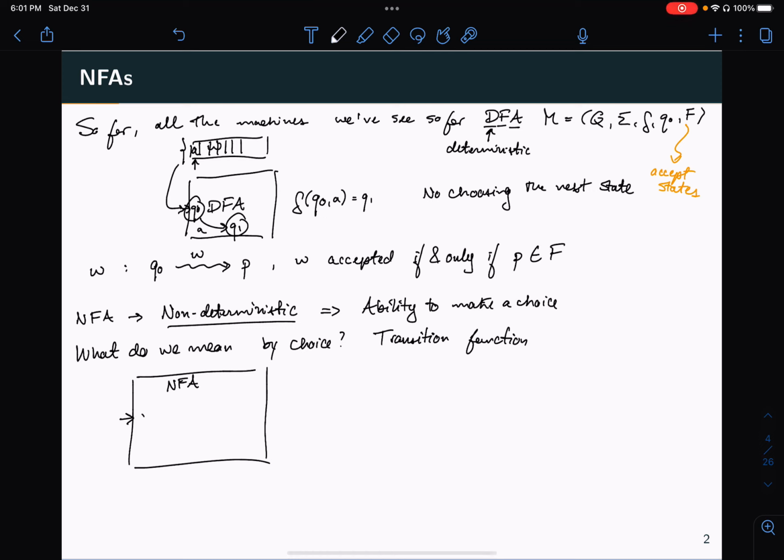It's again going to have an initial state, but now it could be reading the very first letter of the input symbol and have a choice to make. So Q0, while reading an A, the NFA could either transition to, say, Q1, or it could transition to Q2, right?